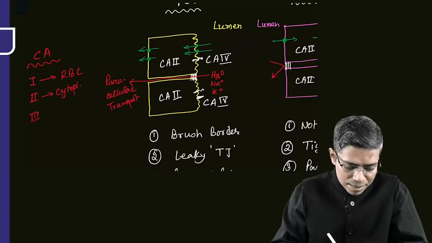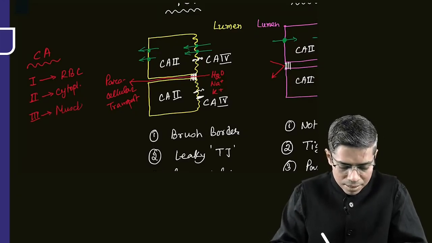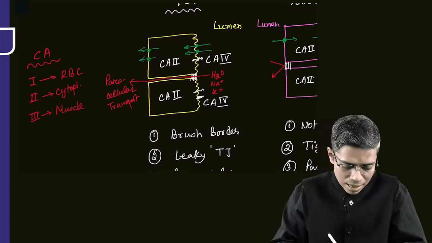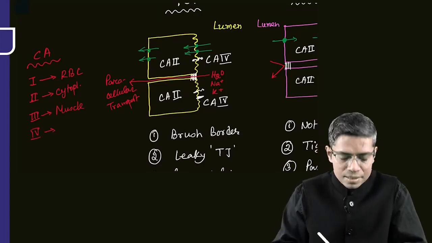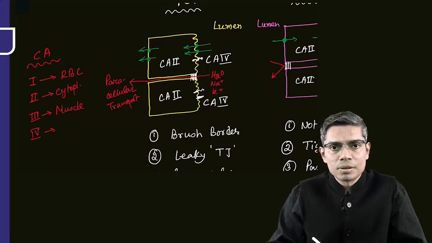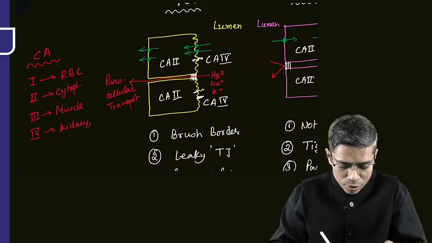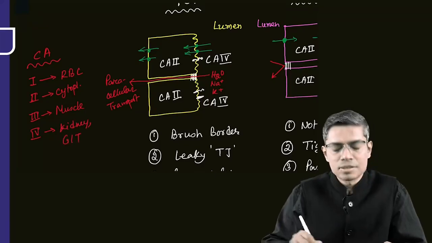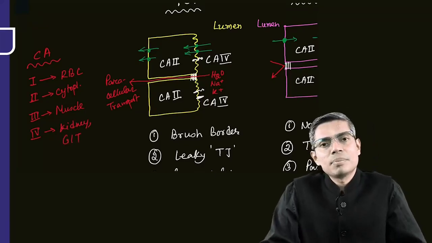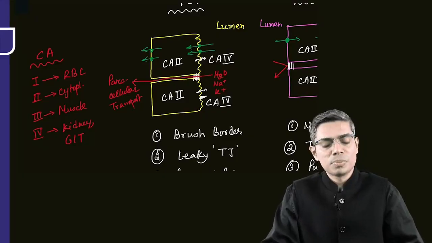Type 3 is mainly the carbonic anhydrase of muscles. And type 4 is the carbonic anhydrase of the brush border or microvilli, so it is present in the kidney proximal tubular epithelial cell as well as in the GIT. You may remember this small information for MCQ purposes.